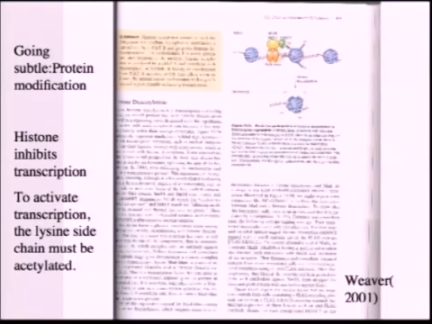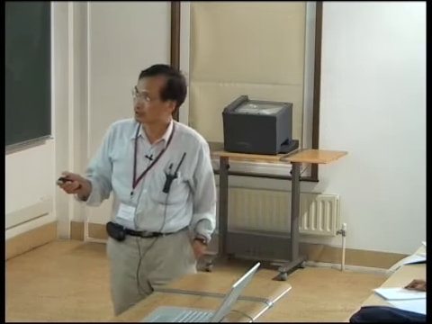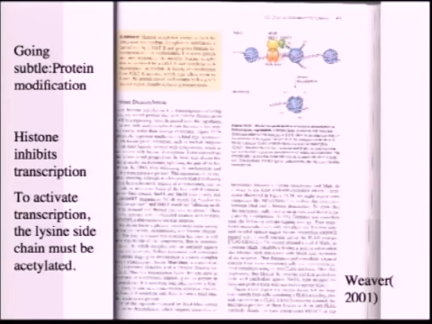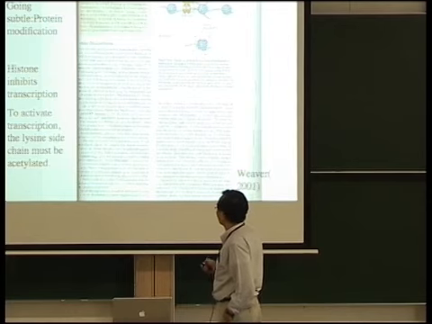And the histone, because it's blocking the way, has many roles, but one role is to inhibit transcription. Now, if you would like to activate the transcription, you have to get rid of this histone blockage.